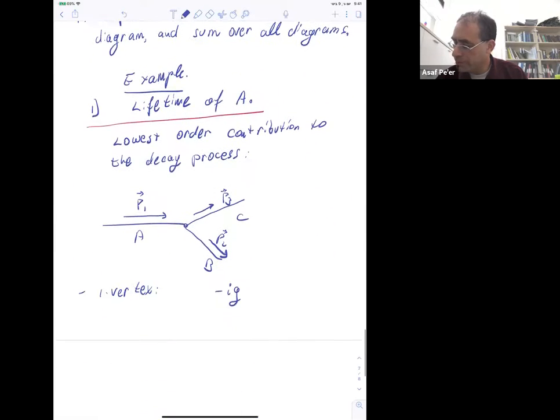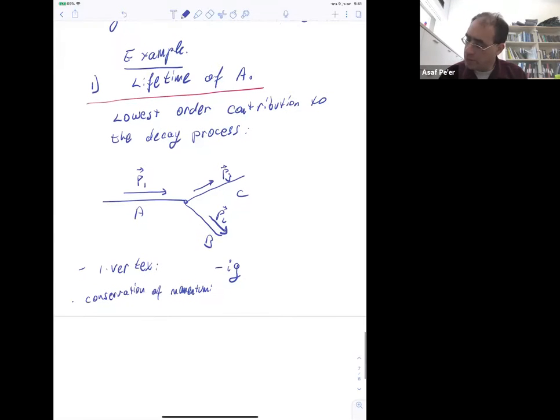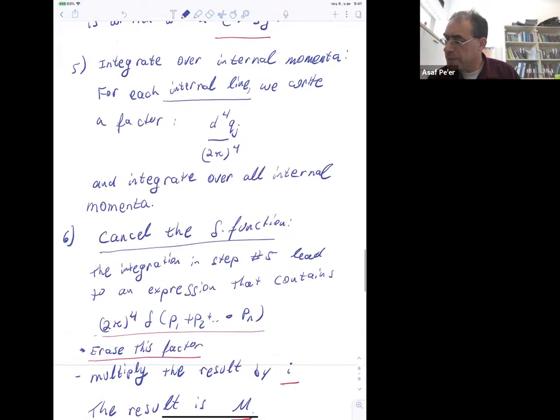So for rule number 4, conservation of momentum, that gives us the 2π^4 times δ^4. Now remember the directions, right? So the incoming is only P1. We have 2 outgoing, so we have minus P2, minus P3. Again, rule number 5 speaks about internal momenta. We don't have any internal momenta.